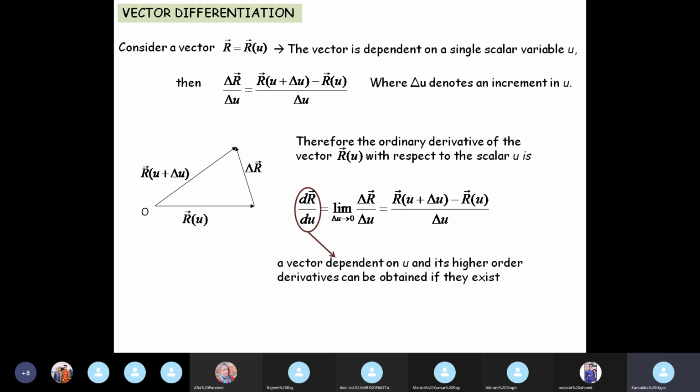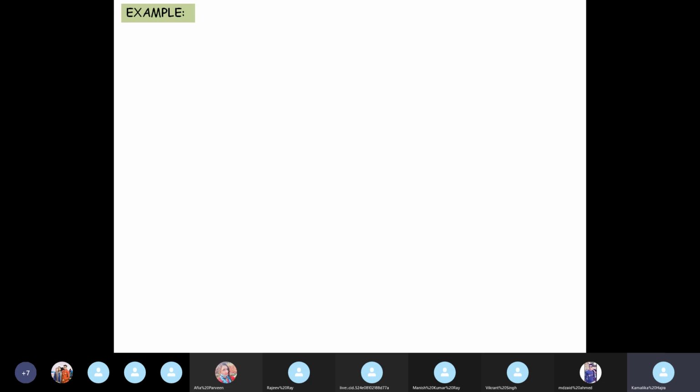Alright. So basically the derivative is another vector dependent on u, and if the derivatives can be obtained for higher orders, you can get d2r/du2, d3r/du3, etc. Alright.